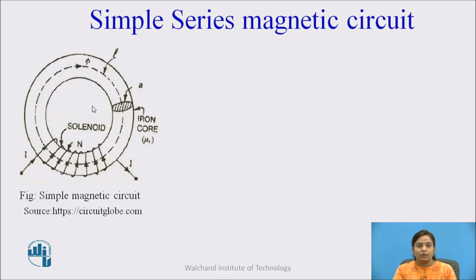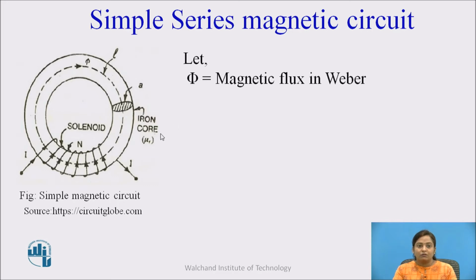There is a solenoid, and here the current carrying conductor or current carrying coil is wound on one of the sections of this ring. Okay, when the current I flows through this coil, then the magnetic flux lines set up in this magnetic core.